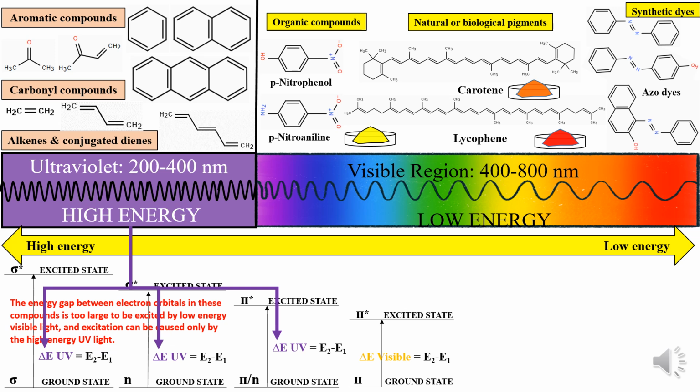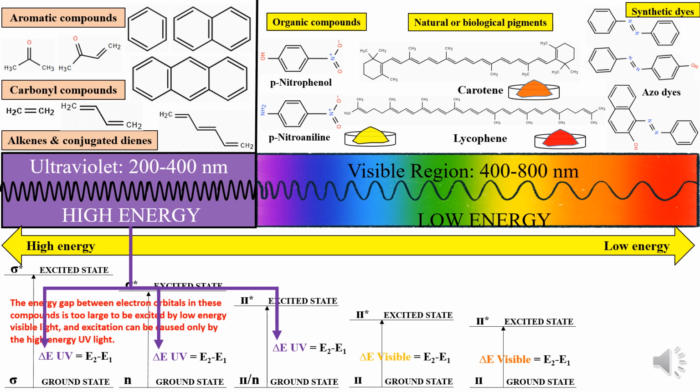So what about the compounds that absorb in the visible region? Now for compounds in the visible region, one common feature is the extension of the conjugated system. In case of paranitrophenol and paranitroaniline, you see that the nitro group and the hydroxy group, or the nitro group and the amino group, are para to each other. They are complementary to each other, and therefore that leads to extension of the conjugated system.